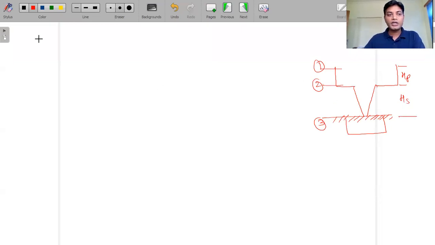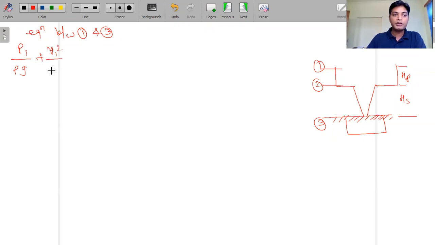So let's apply the Bernoulli's equation between 1 and 3. The equation will become P1 by rho g plus V1 square by 2g plus H1, that is equal to P3 by rho g plus V3 square by 2g plus H3.